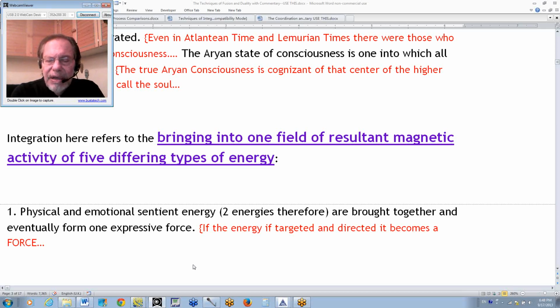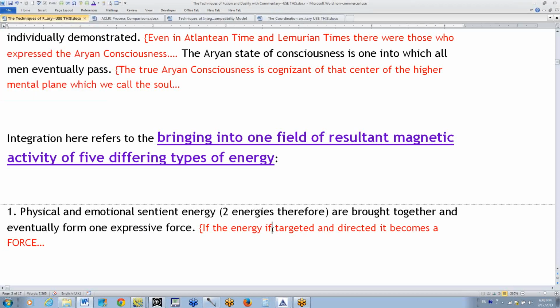For instance, soul energy, personality force. But there's also the Shambhala force, and what it means is that the Shambhala energy is specifically directed or targeted into a lower form. So if an energy is targeted and directed, it becomes a force. This is another way of thinking about it.